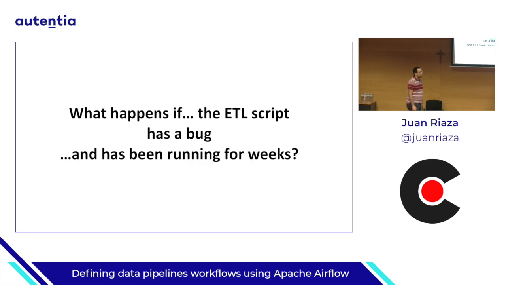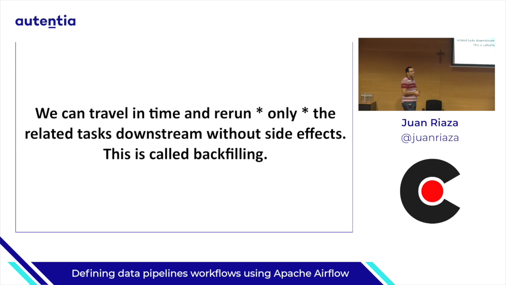And the cool part. Imagine we have already developed our DAG, and what happens if the ETL script has a bug? But we haven't noticed until now, and it's been running for weeks. Okay, so what we could do is just do time traveling. We could travel in the past and rerun only the related tasks downstream.